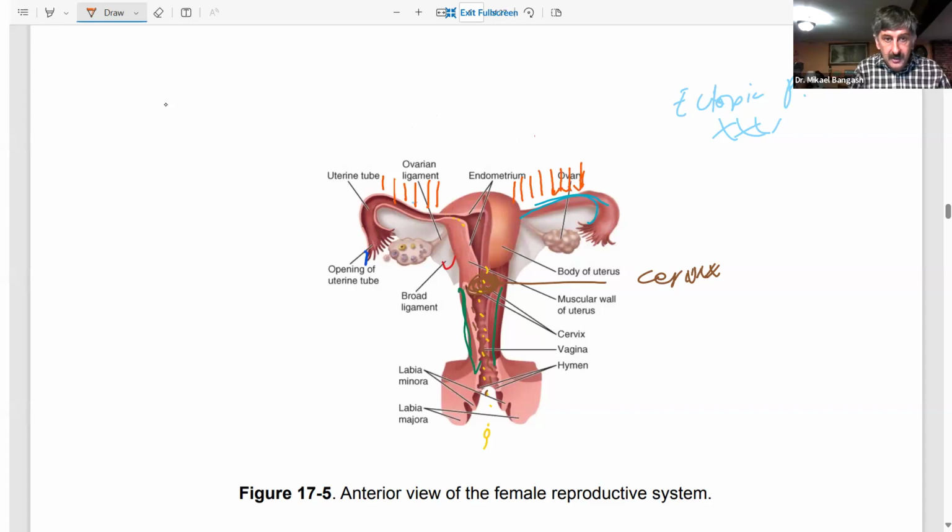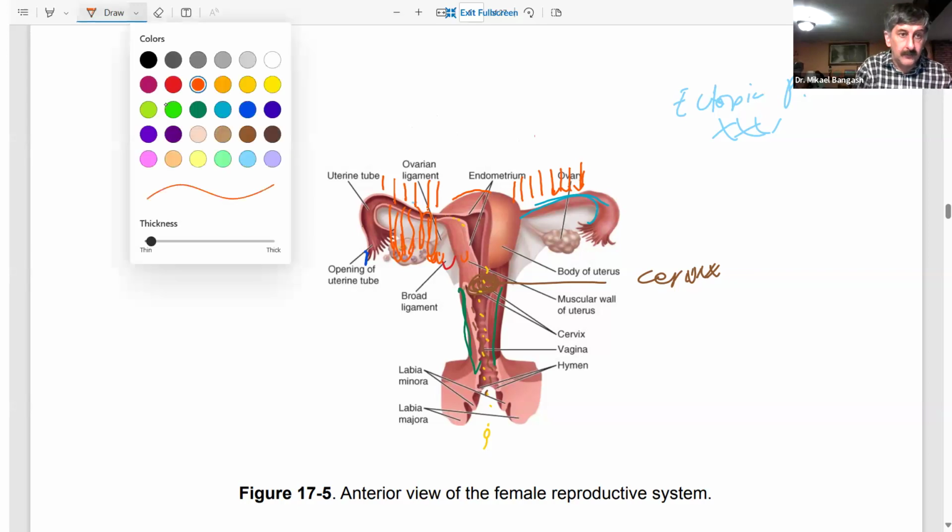Ultimately, as it makes a U-turn down here behind the uterus, is it also going to make a U-turn down here and come up? Then, just like it runs here, it's going to come down again on the anterior side of the fallopian tubes, down like this, and then make a U-turn.